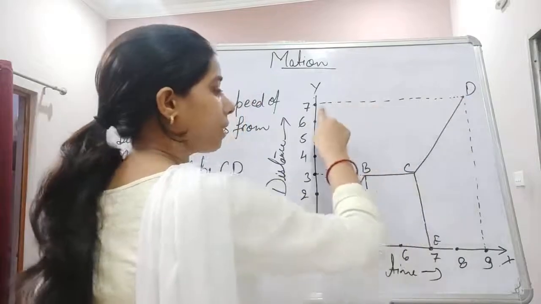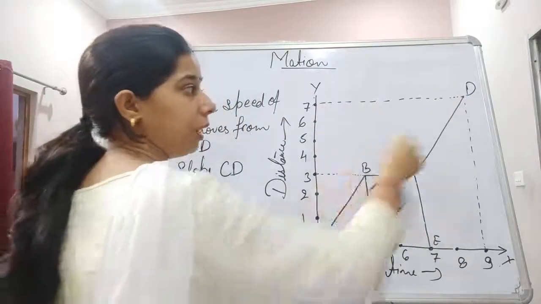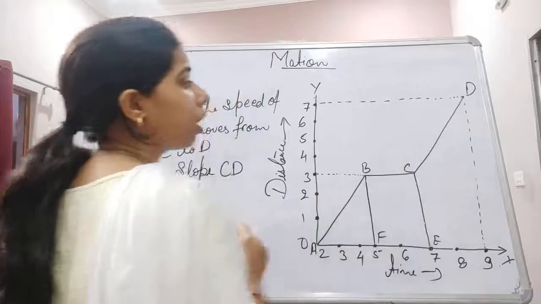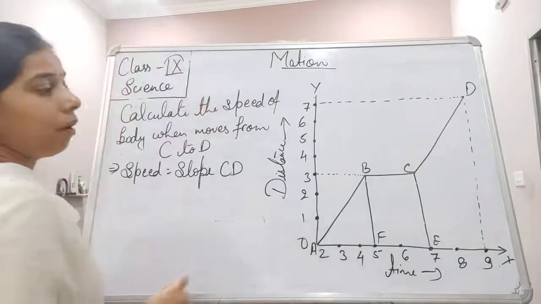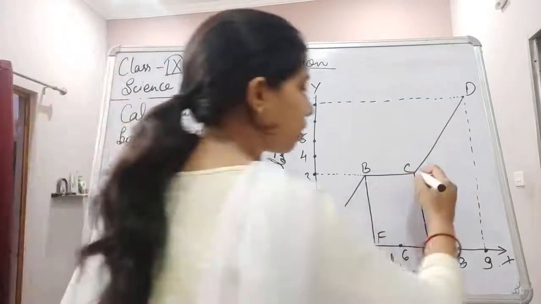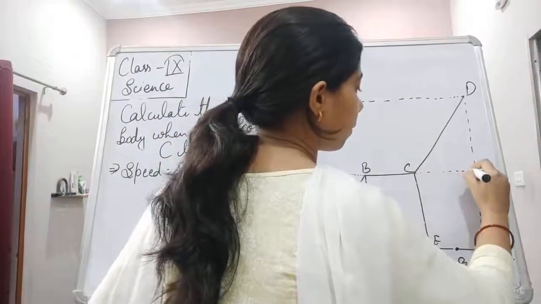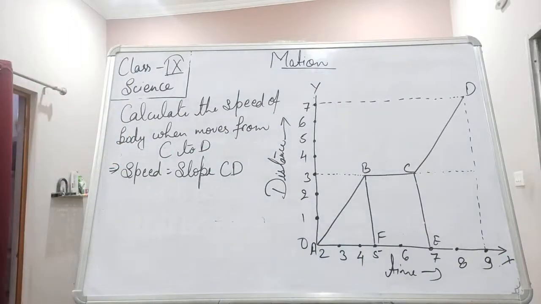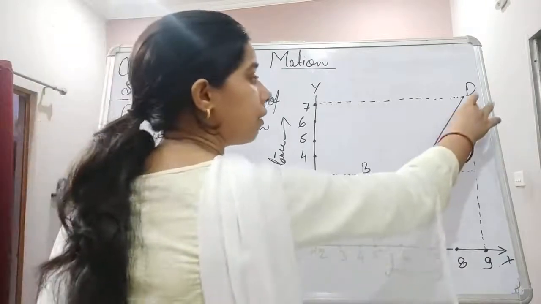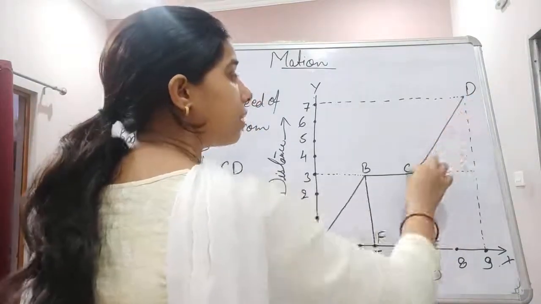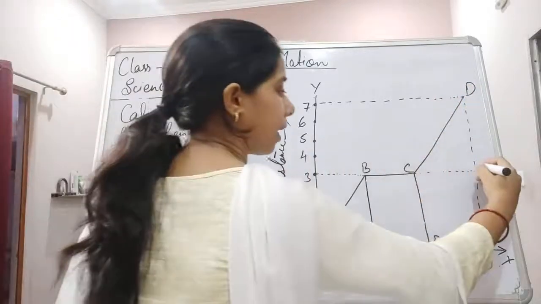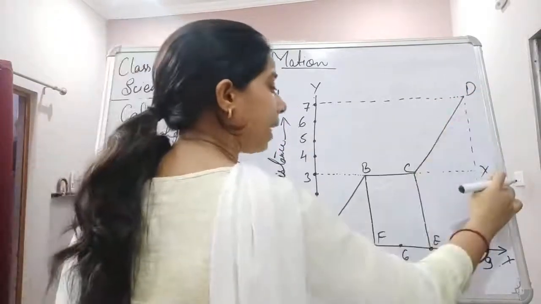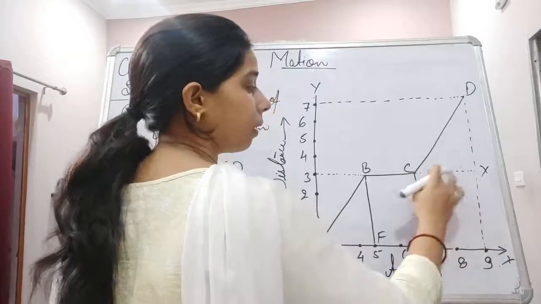The highest position is 7 and the lowest position is 3, for CD. We will consider from here itself. Suppose we name this point anything, suppose X. So CD will be equal to DX upon CX.